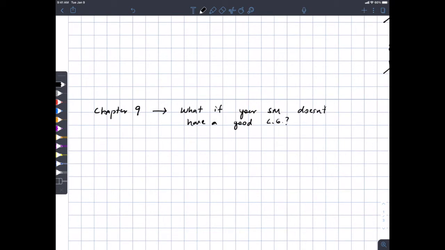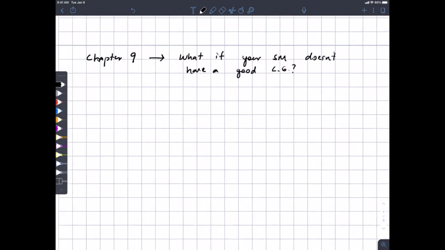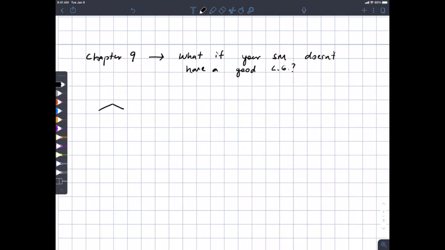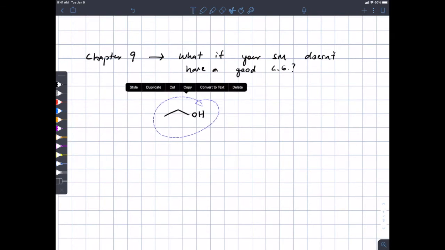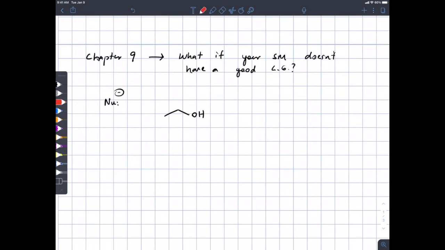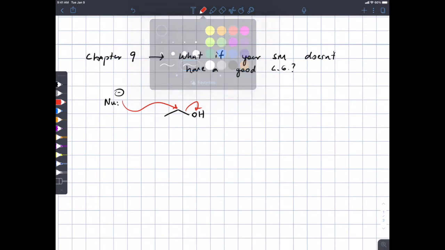And the answer is no, unless you first turn the cruddy leaving group into a better leaving group. So chapter 9 is about alcohols, and generally you're not going to see in OChem any good reactions where some nucleophile comes along and does SN2 chemistry with OH leaving.